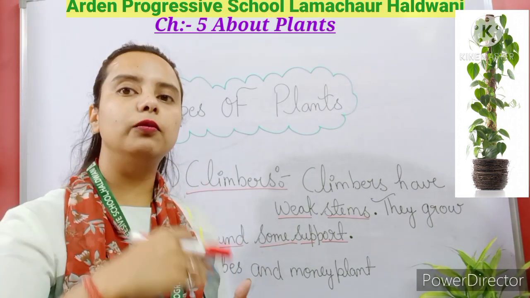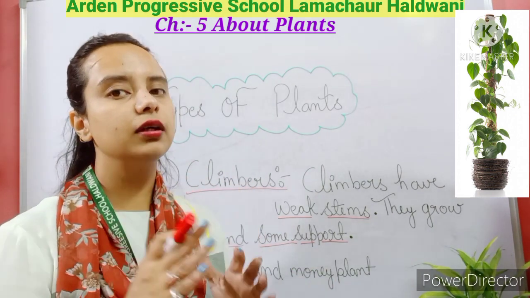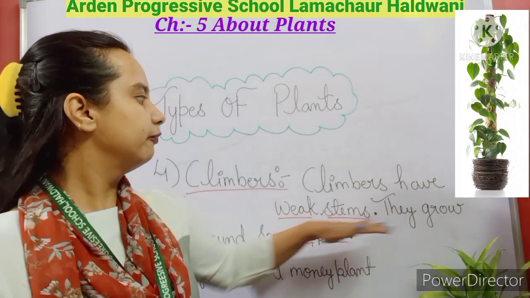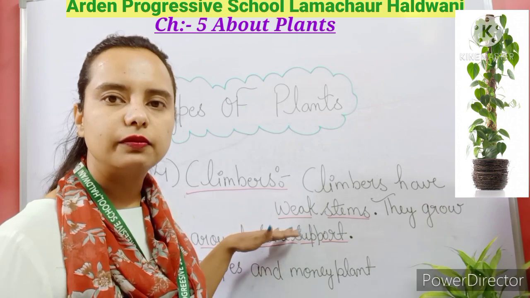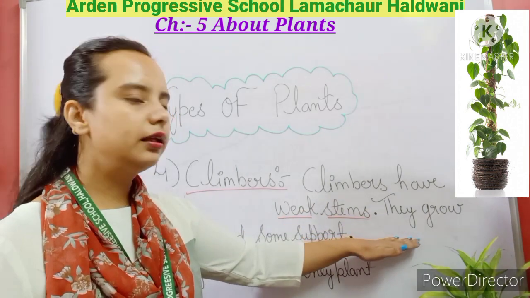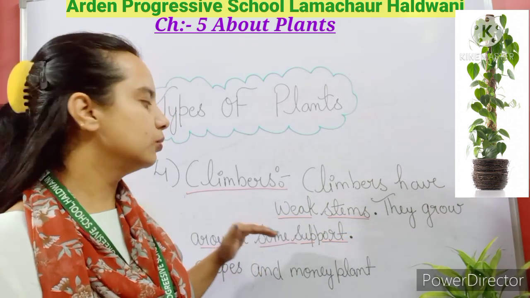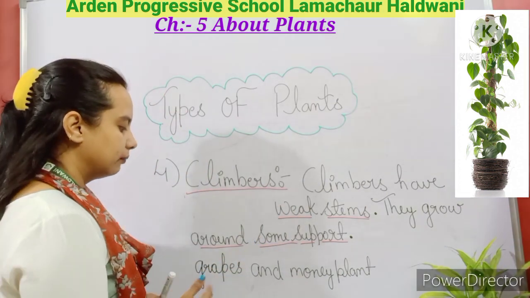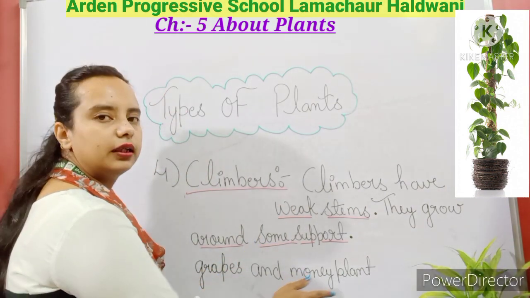ठीक है, ऊपर grow करने के लिए they need some support. So this is in climbers. Climbers have weak stems. Because of these weak stems they need some support to grow upright. Okay, so the examples of the climbers are the grapes and money plant.